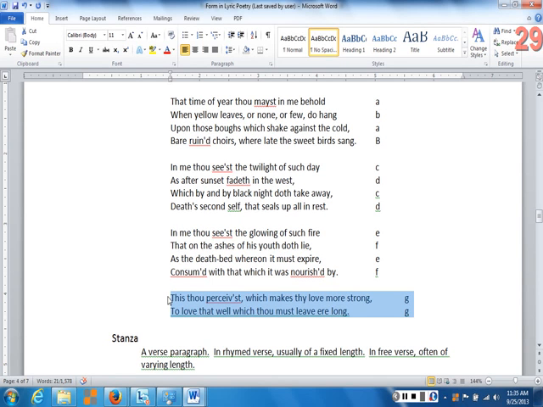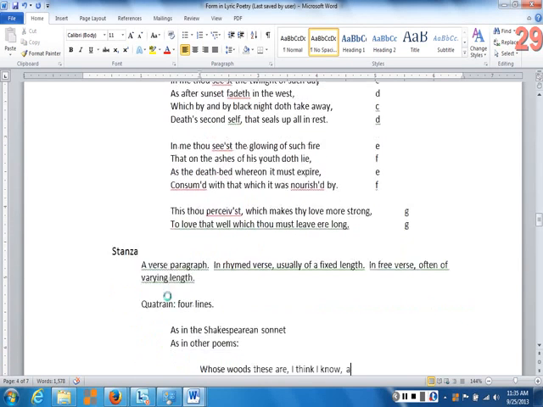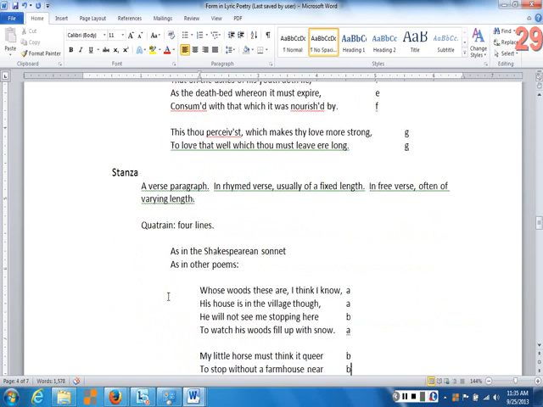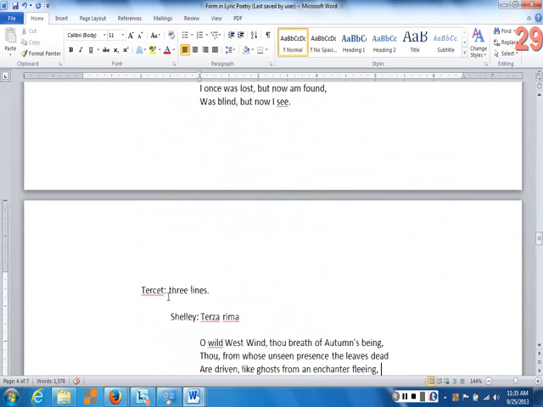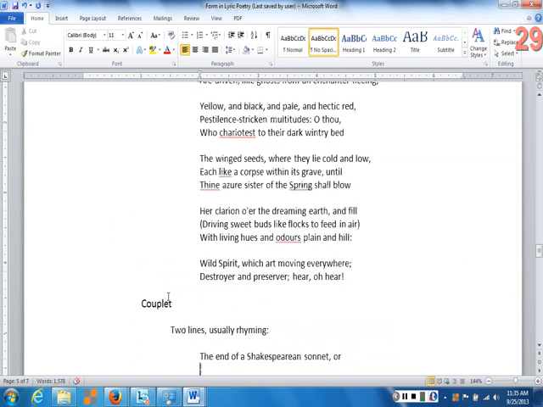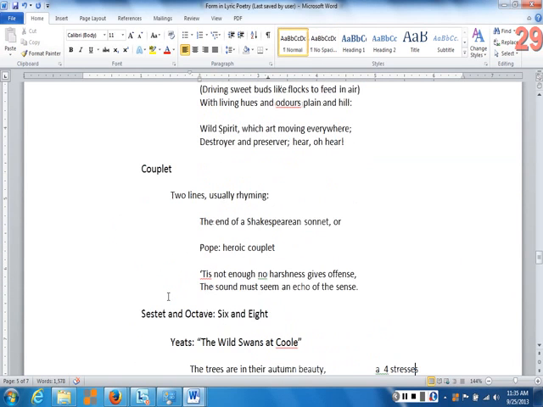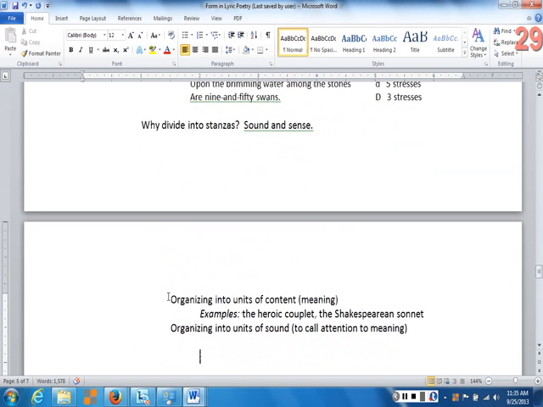Because you see that I am growing old, because you see all of these things in me, all right, then you are going to love me more strongly. So that's one reason for the stanza. One rationale is that we organize according to topic. We organize according to meaning and so on. All right, so we're organizing the poem into units of content or meaning.